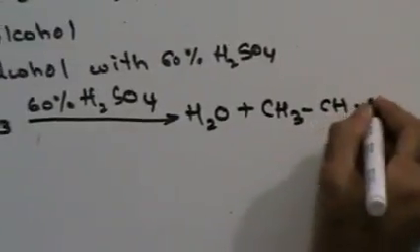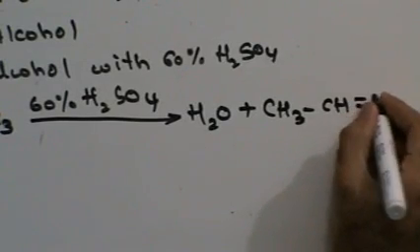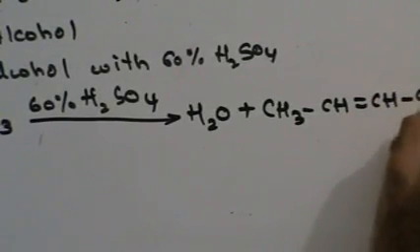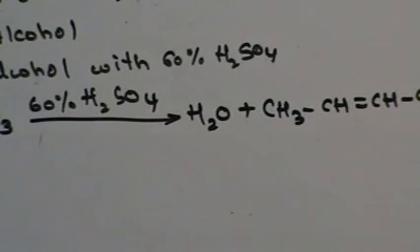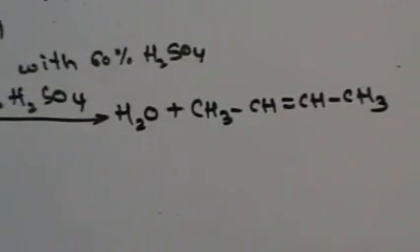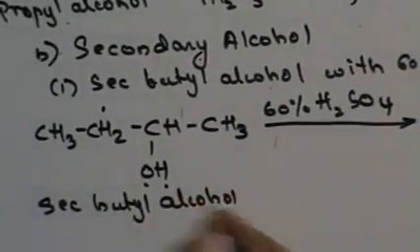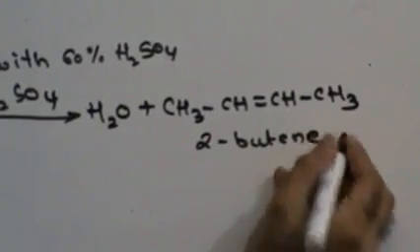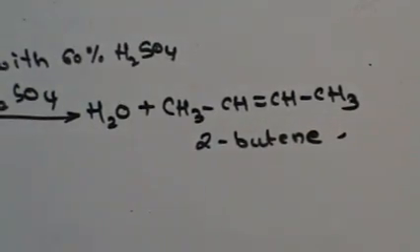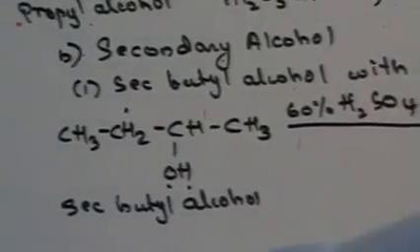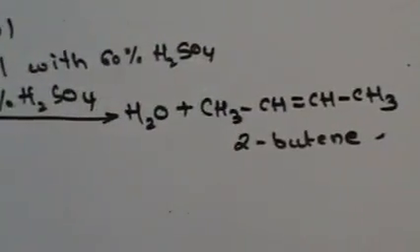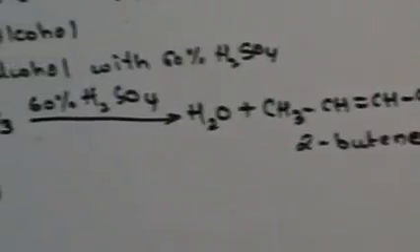So this will be CH3CH double bond CH, CH3, right? This is sec butyl alcohol and this is going to be 2-butene. Fine, do we get this thing here? Double bond, therefore ENE, double bond at the second carbon atom, therefore 2-butene. Fine, do we get this?